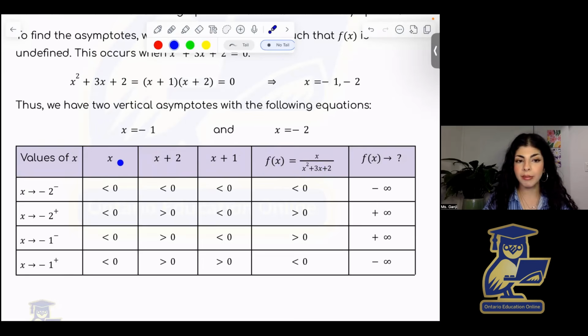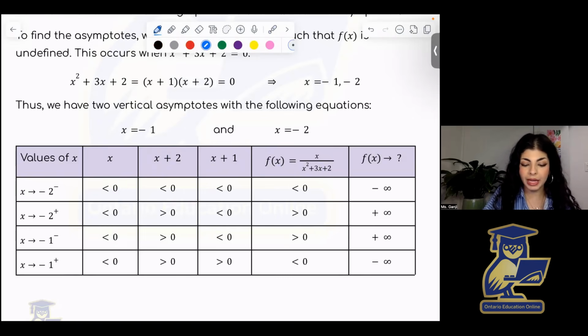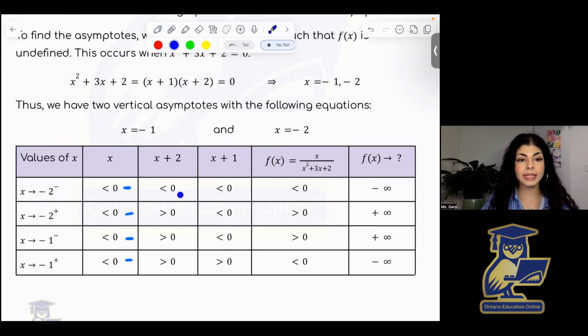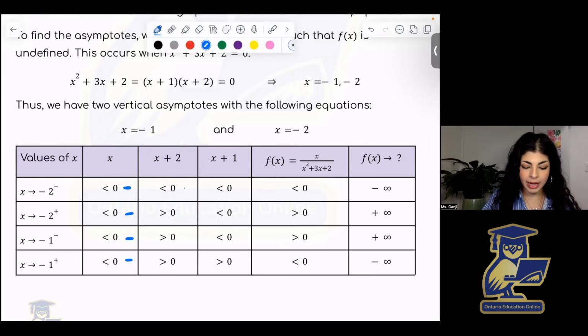Clearly, for example, for x, I can tell these are all less than 0, so they're negative. You can also choose to just write a negative symbol like that. Now for x plus 2, which is one of our factors in the denominator, for values of x less than negative 2, this is negative.